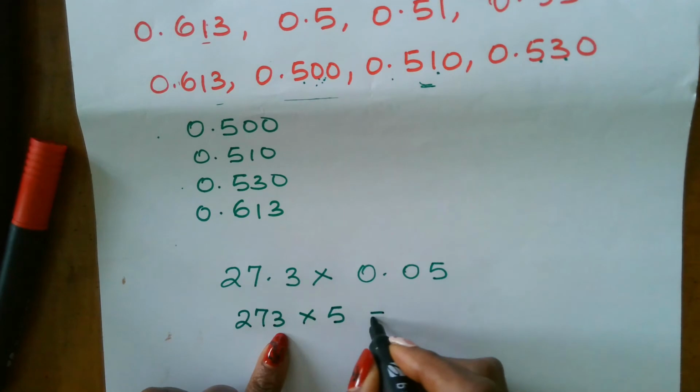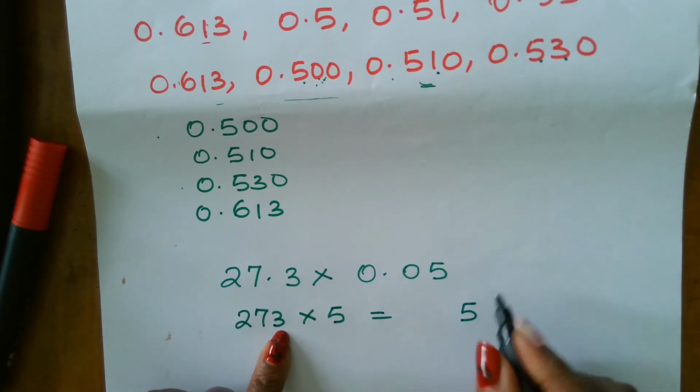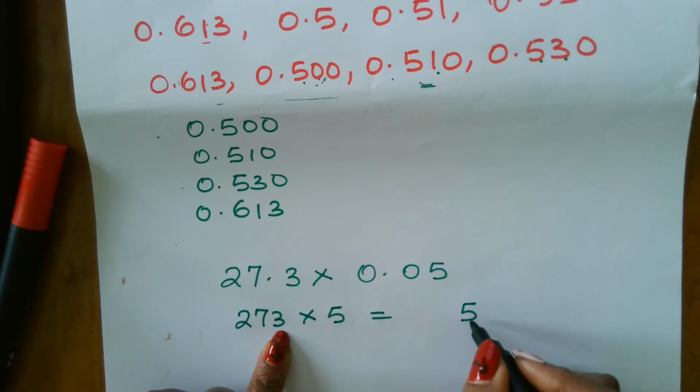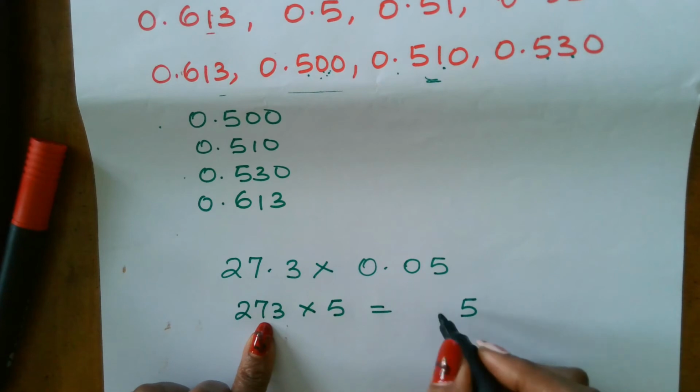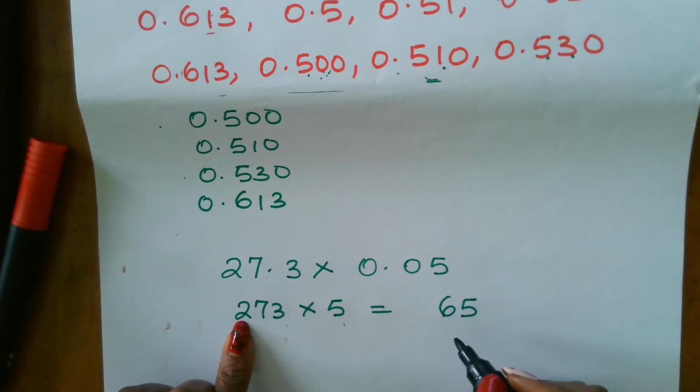So to work this out, we've got 5 times 3 is 15. We write 5. We hold on to 1. 5 times 7 is 35 plus 1 is 36. We hold on to 3. And then 5 times 2 is 10 plus 3 is 13.